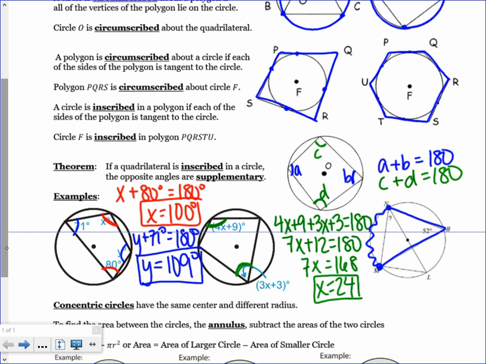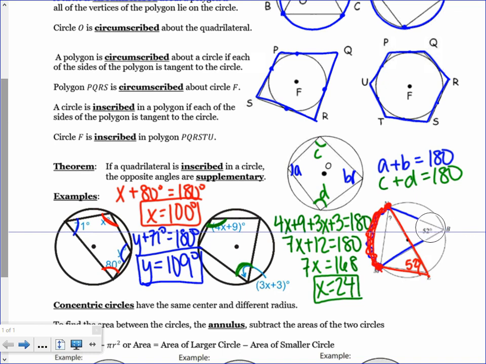And then if you look at angle L, it also goes from M to L to N. So it has the same intercepted arc. And since they have the same intercepted arc, these angles have to be the same thing. So this angle L is also 52 because they share this intercepted arc.